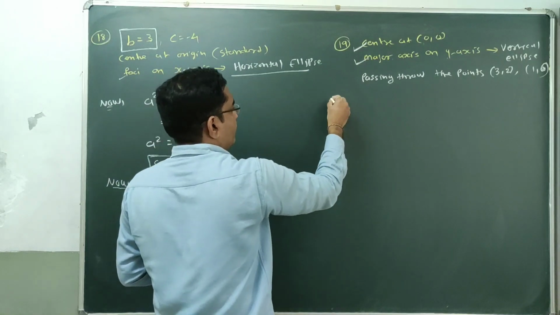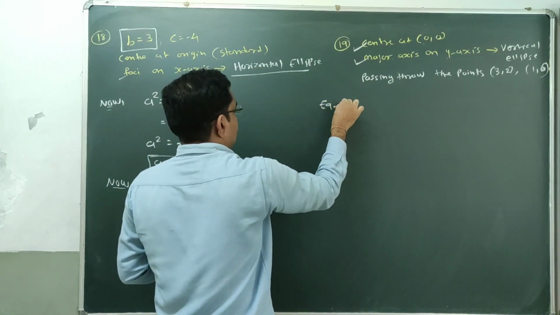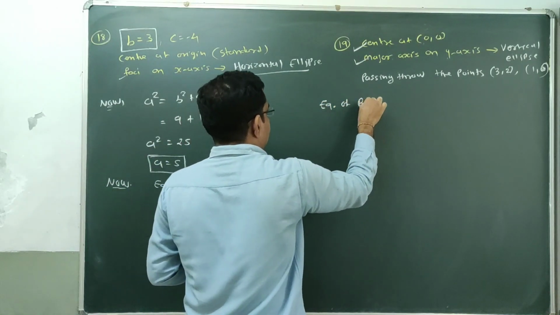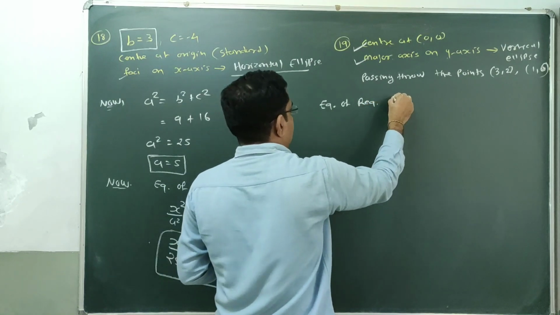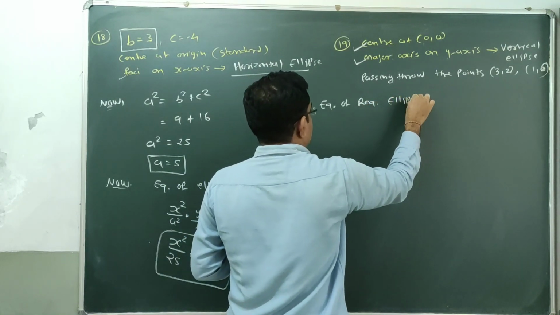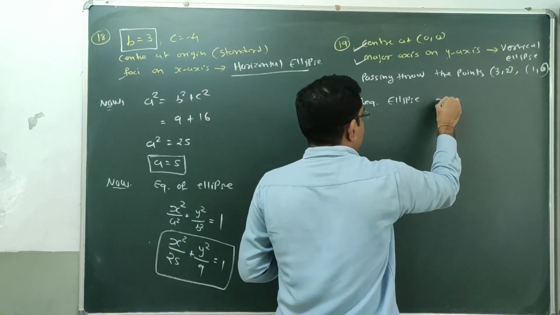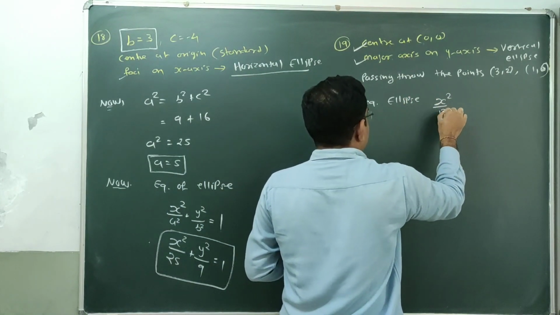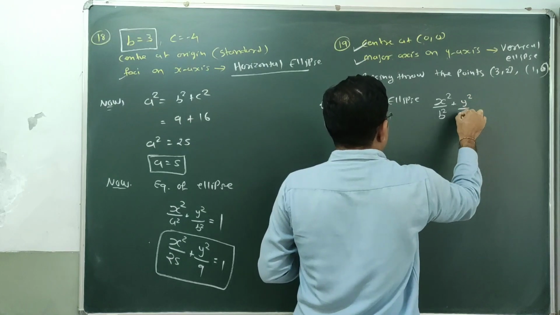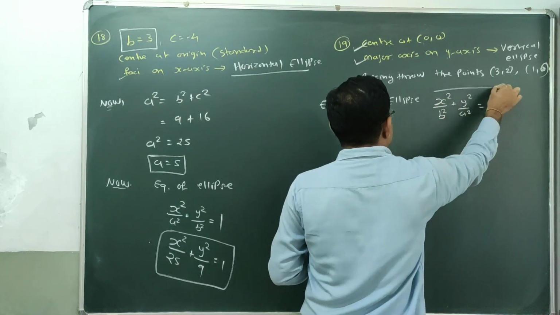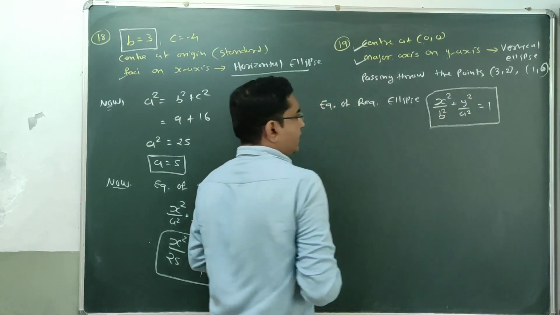So now the equation of the required ellipse. What is the equation of a vertical ellipse? It's x square by b square plus y square by a square equals 1. This is the equation of a vertical ellipse.